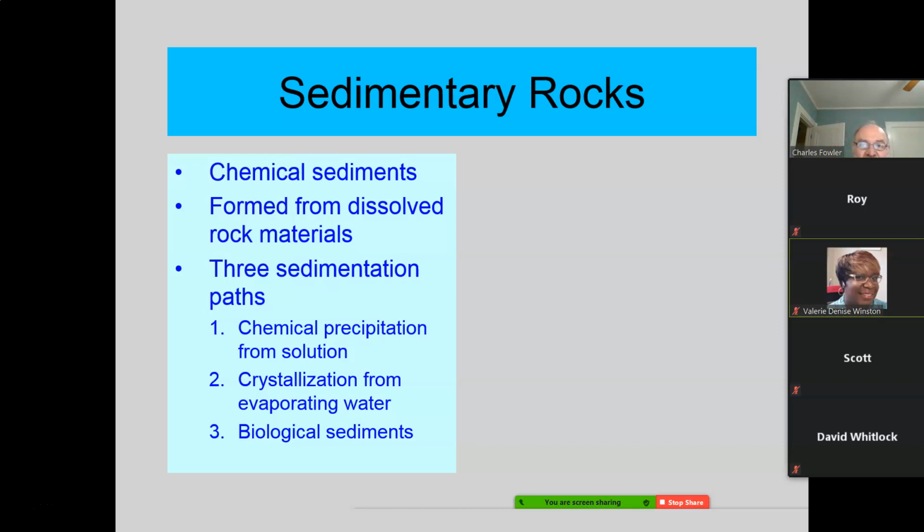Chemical sediments. This is the second kind. You have clastic sediments, which are chunks, particles of formerly existing rock. Chemical sediments means that rock that was there was actually dissolved. Now, what would have dissolved the rock? Water may dissolve the rock, or add a little acid to the water, and that could dissolve the rock.